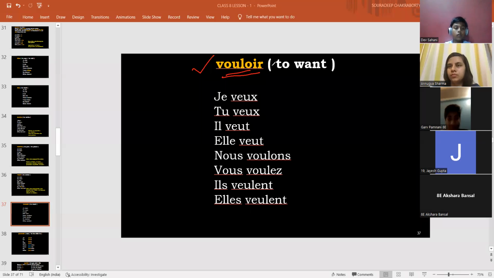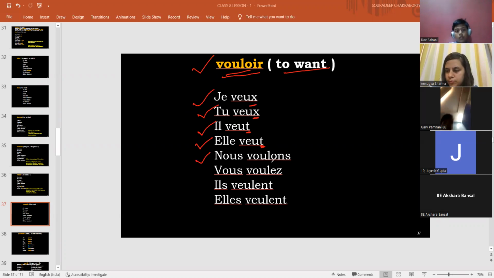Vouloir, to want. It is je veux, tu veux, il veut, elle veut. Here we are writing X, and here replacing X with T. Next is nous voulons. You can see L is there. So in the plural forms, we can see the letter L, which denotes the verb.